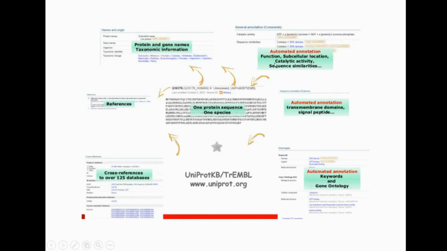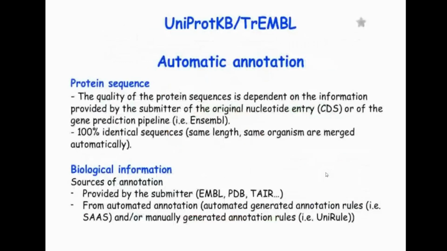Okay. Next, all the annotation is automated annotation. Automated means computer based. Okay. See, the UniProt KB translated EMBL has automated annotation of the protein sequence and of the biological information.